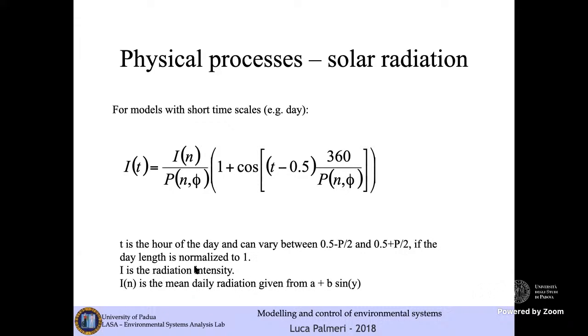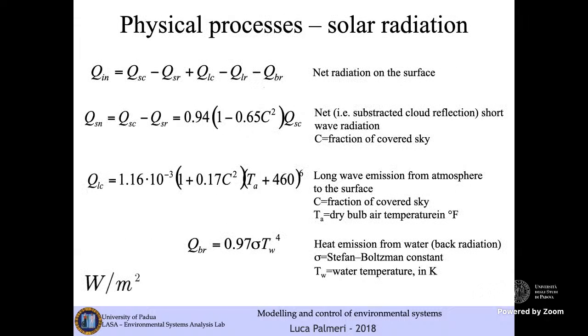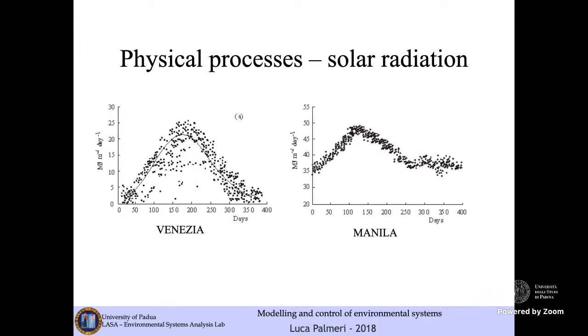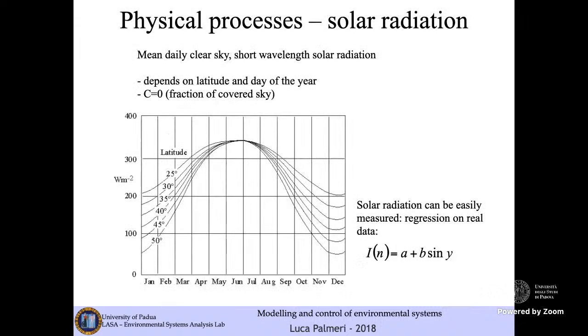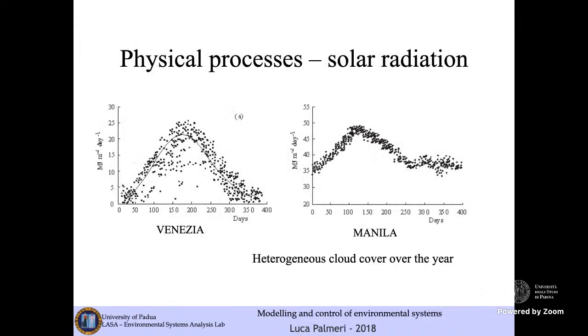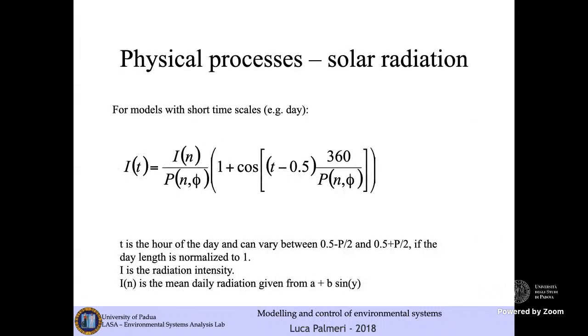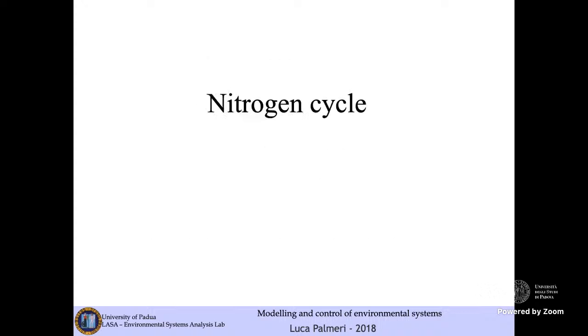Okay, En, I recall to you, is the mean daily radiation given from the function that we have seen, A plus B sine of the yearly angle, so this function. So this is the complete way of describing the effects of solar radiation arriving on the surface of the planet.